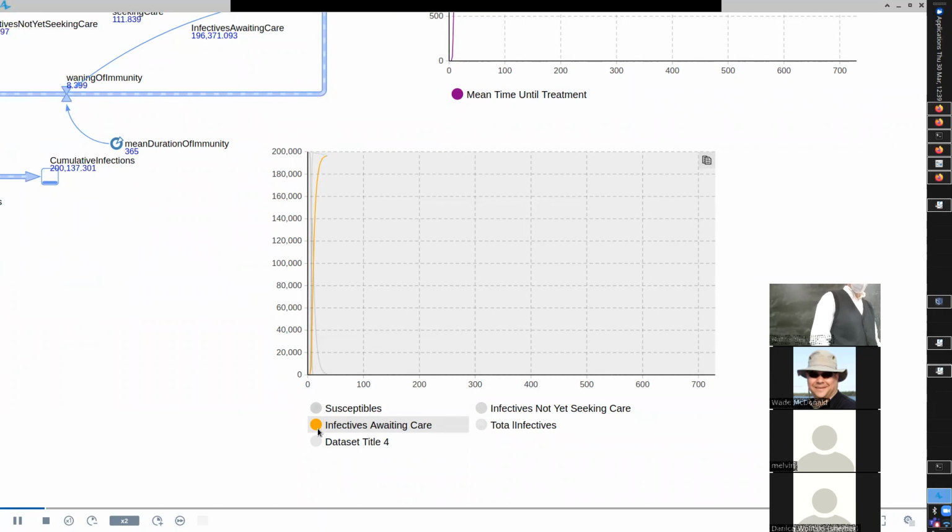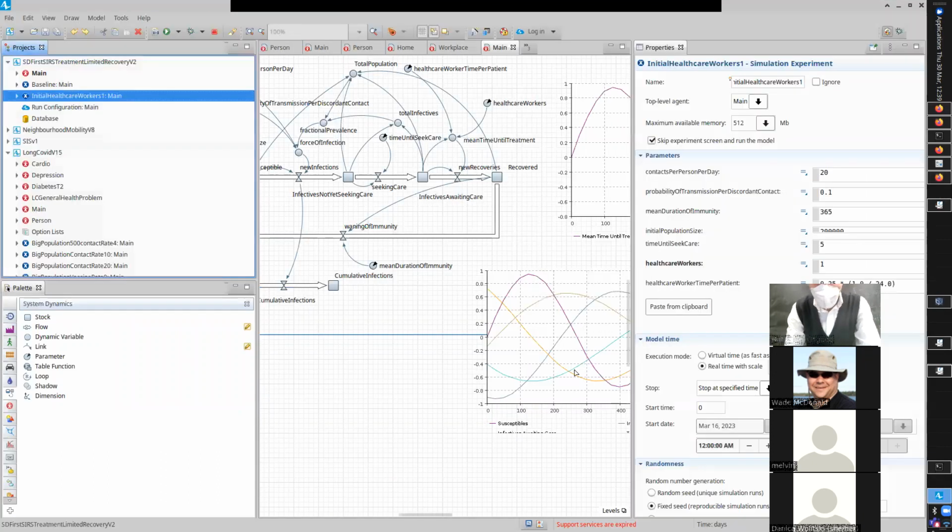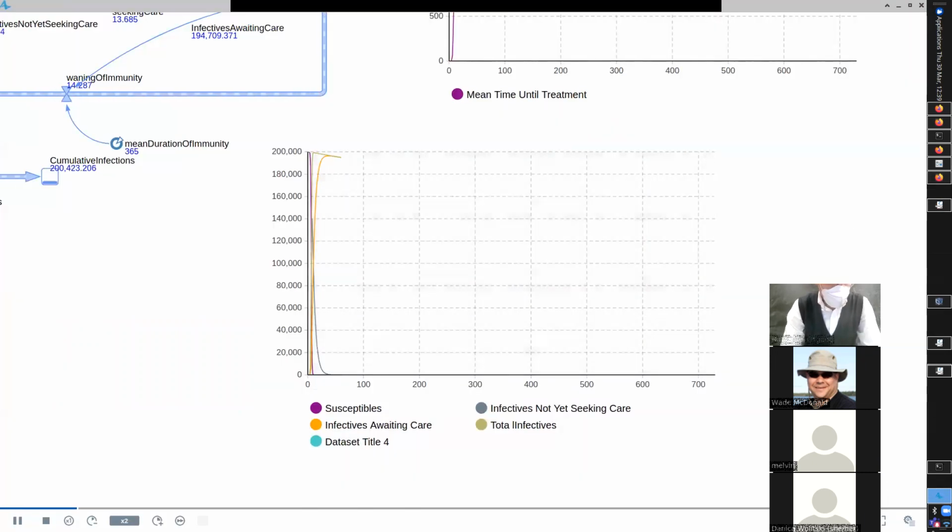What's going on here? How many people are there in the population total? 200,000, right? Just about everyone is infected, right?